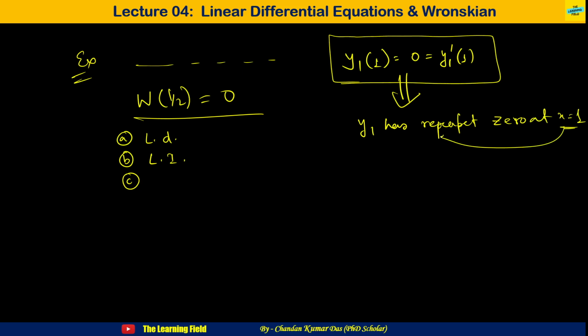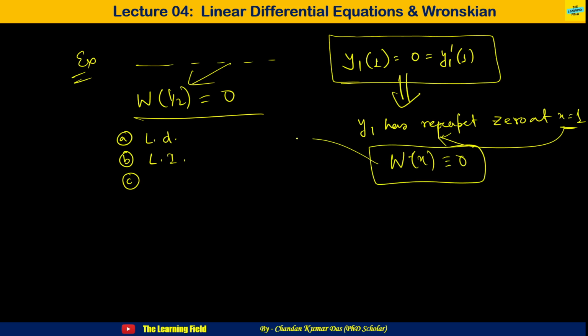So at one point y1 has repeated zero. That means the value of the Wronskian, if this is given, then the Wronskian value throughout the interval is 0. Fine. And then what will happen? W(x) is zero, y1 and y2 are linearly dependent.